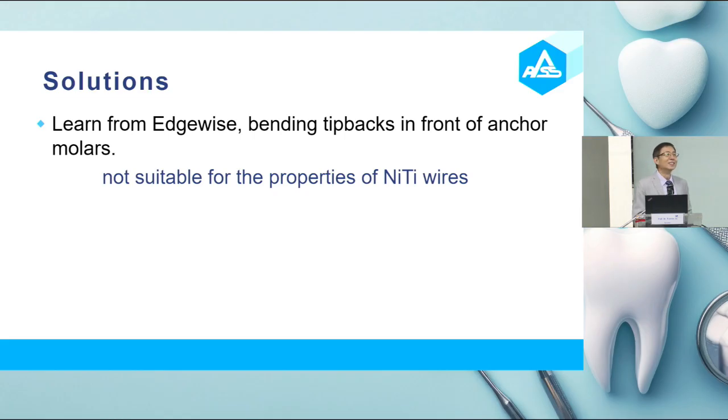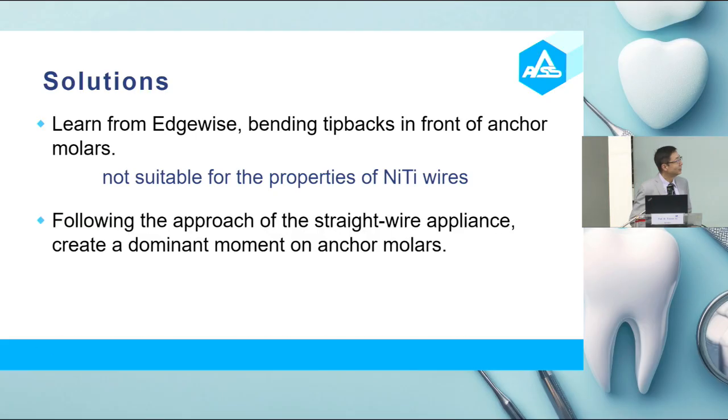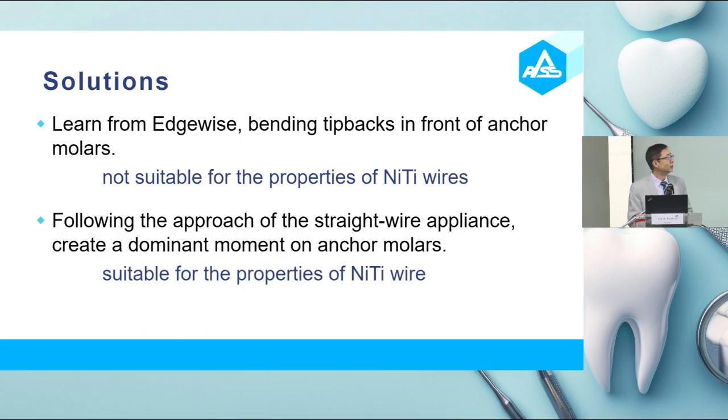We are not using stainless steel in the first stage, right? The second is following the approach of the straight wire appliance. We create a dominant moment on the anchor molar. That's suitable for the properties of nitinol wire.